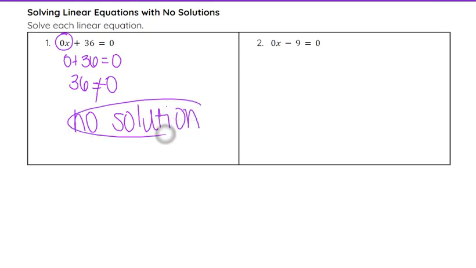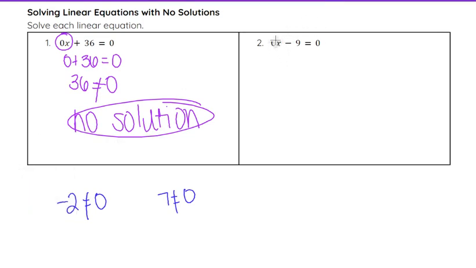Now, I do want to point out they won't necessarily all be in this format right here. You could have a different equation. If you end up with no variables left and you end up with a false statement like 36 equals 0, or negative 2 equals 0, or 7 equals 0, where the variables cancel out and you're just left with constants, if they are not equivalent, then that would indicate no solution.